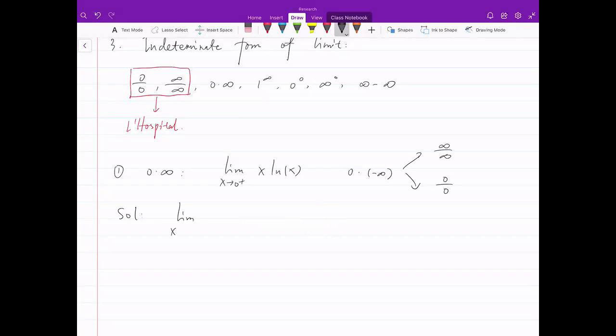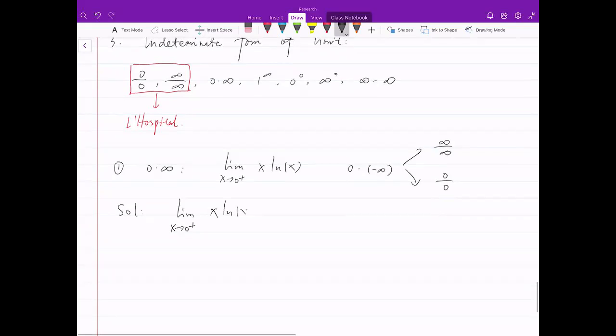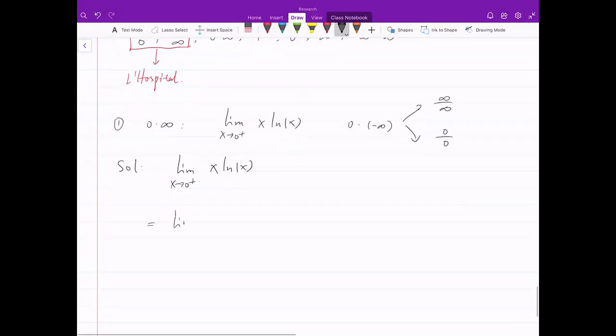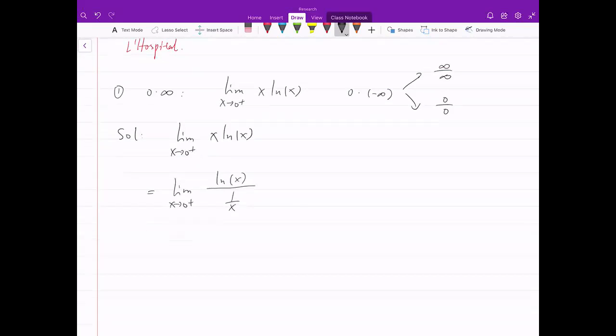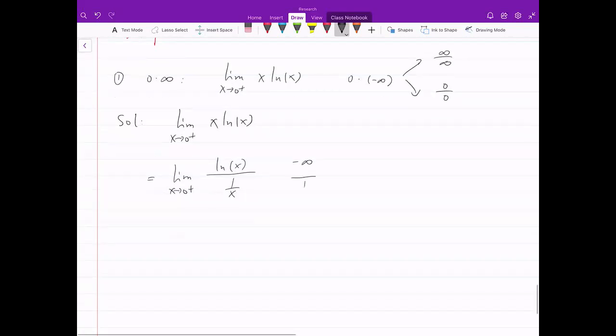This one equals, well, just take one of them and make a reciprocal. Which one do we want to flip? It doesn't matter which one. Let's take the easier one. Still true, right? What's the top? The top is still negative infinity. What's the bottom? The bottom is 1 over 0 plus, which is infinity. Make sense so far?